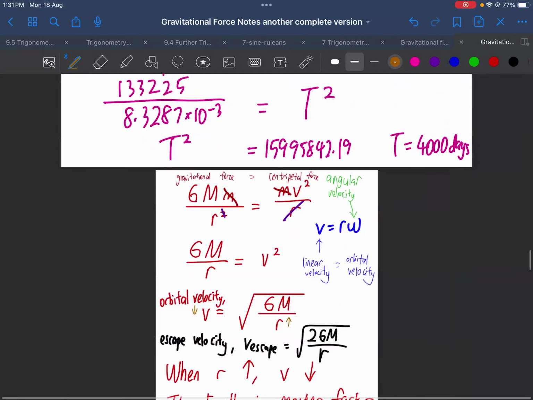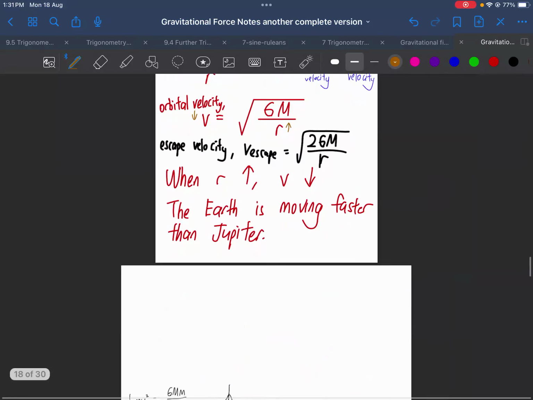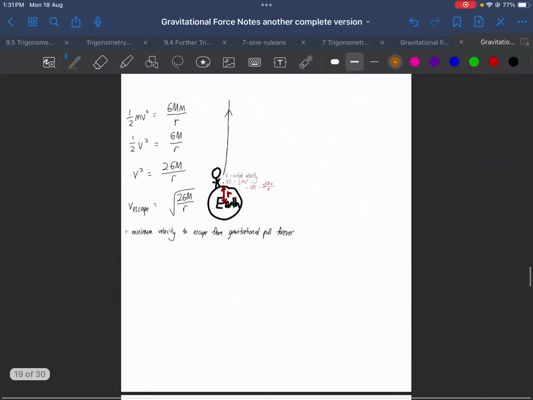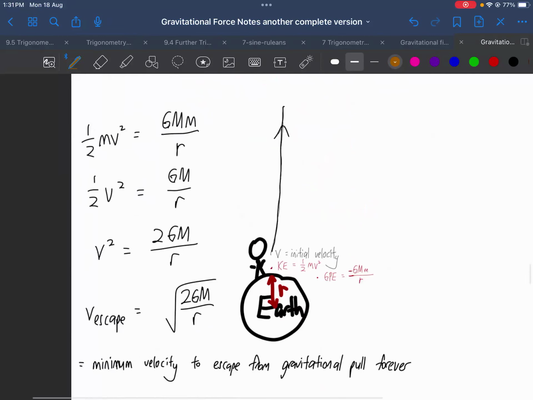So now, have you ever heard of escape velocity? No, but I can assume it's when it stops orbiting, like goes off orbit. It's okay. So let's say, do you play tennis or basketball? Whatever.